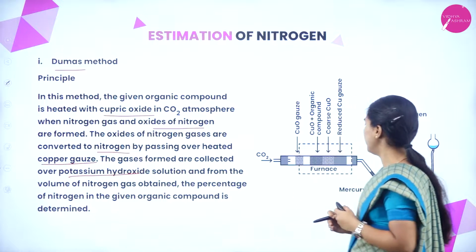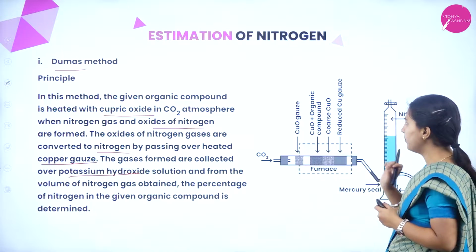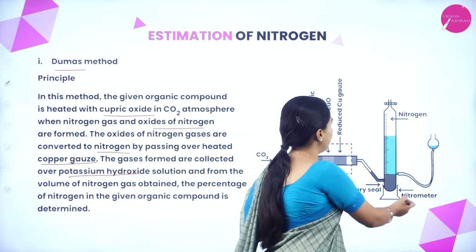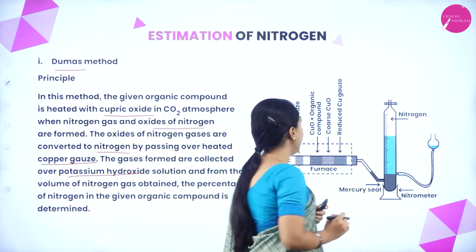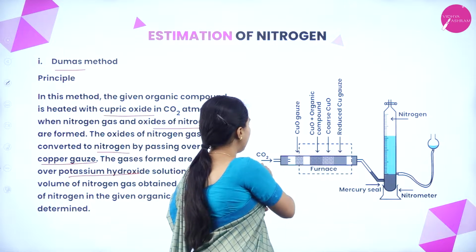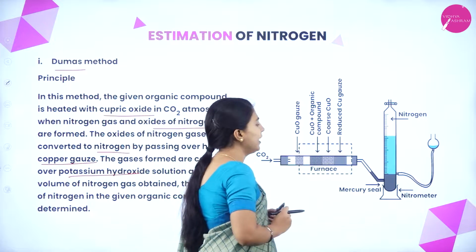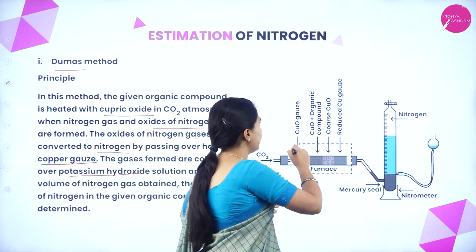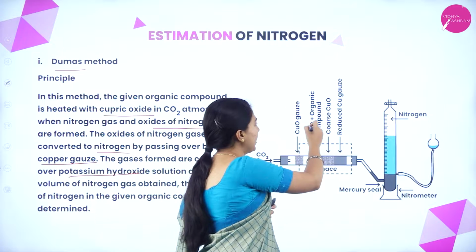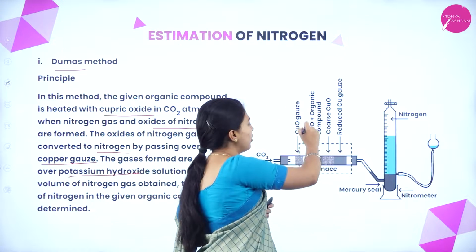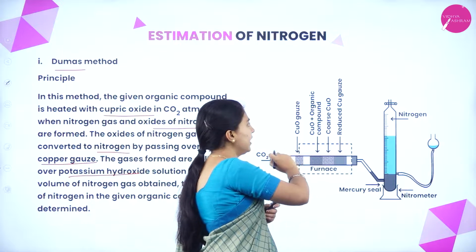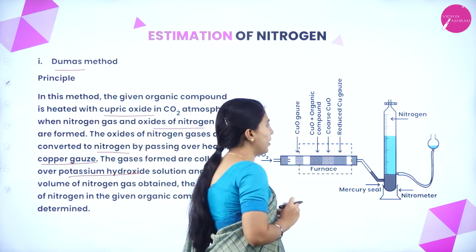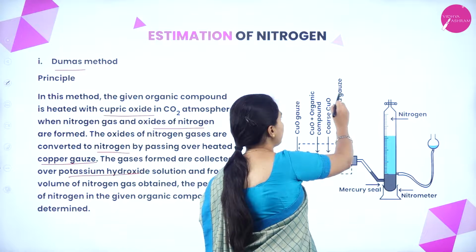See here, this is the overall apparatus. This is the nitrometer. Here the nitrogen gas will be filled, and the carbon dioxide will be given inside the furnace. This is cupric oxide plus organic compound getting mixed here, this is coarse copper oxide, and this is reduced copper gauze.